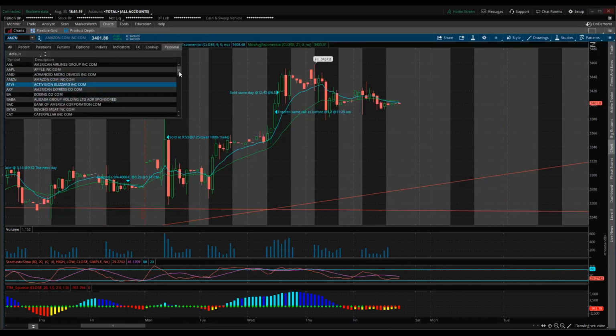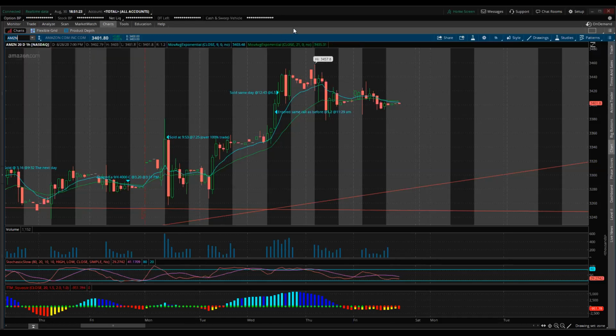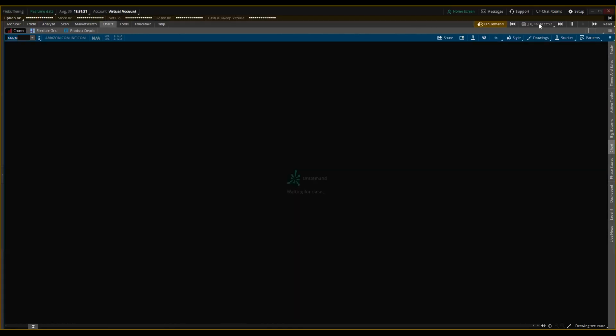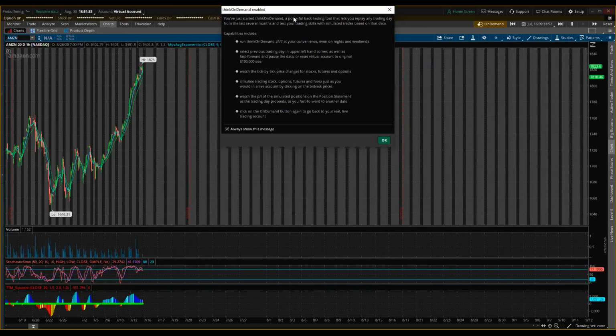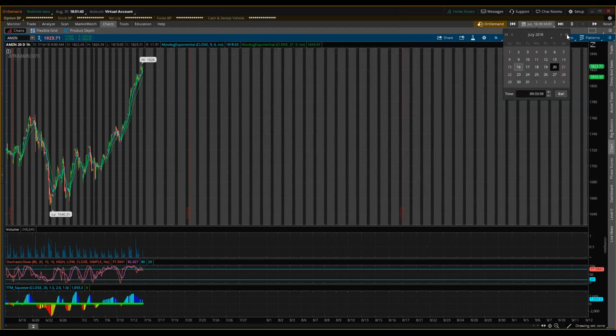Oh, I had a question about what you guys do for backtesting. With Thinkorswim, you can use the on-demand feature where you just click it and you get an account size of $100,000, fake of course, and you can go back to any date, until 2010, I think it is.